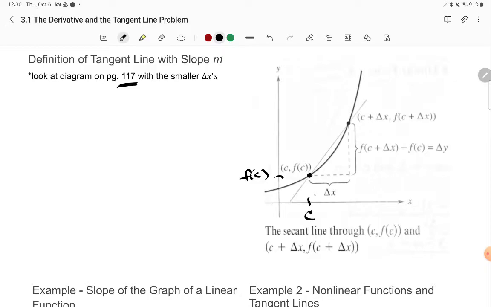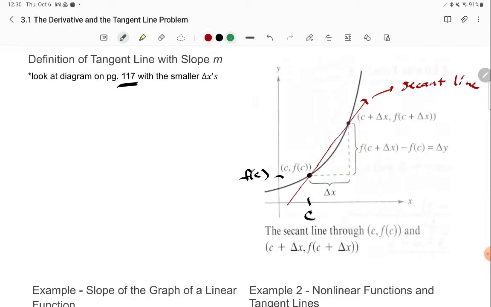Well, we can draw what's called the secant line. This line right here, that I will highlight in red, that's called the secant line. And that's what we had done in Algebra 1. Now what we're trying to do is draw the tangent line, which is a representation of the slope at that exact point.